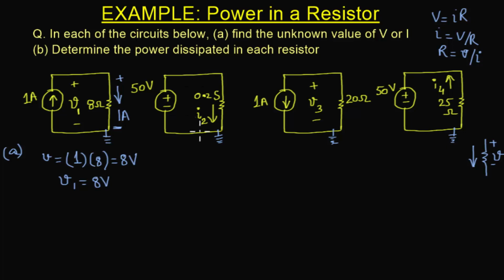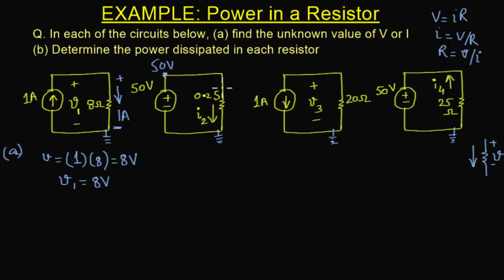Now for the second case, since this is 0 volts and this voltage source is enforcing a difference of 50 volts between its terminals, the positive terminal of this voltage source is 50 volts higher than the negative terminal. And since the negative terminal is at 0 volts, this positive terminal is going to be exactly 50 volts.